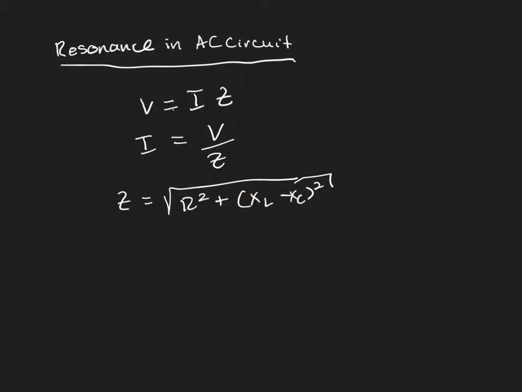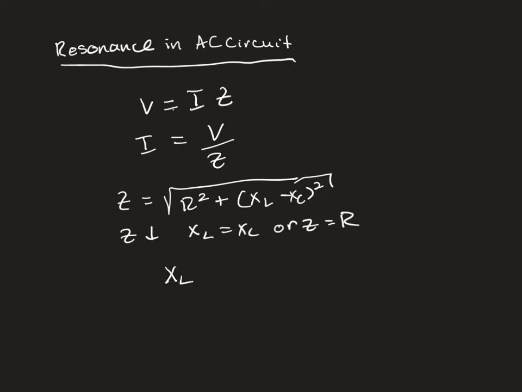So we're going to say that the impedance is at its lowest value, we're minimizing it, when the inductive reactance equals the capacitive reactance, or when the impedance is equal to the resistance. Using these conditions, we're going to calculate what the resonance frequency is. So what frequency do you need to tune your radio to in order to get the greatest current?